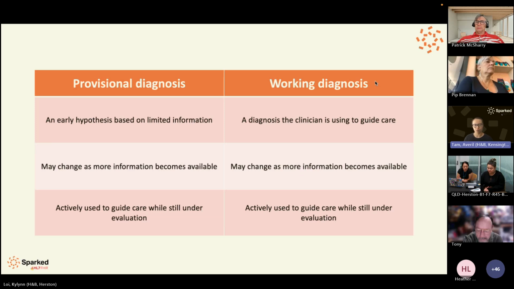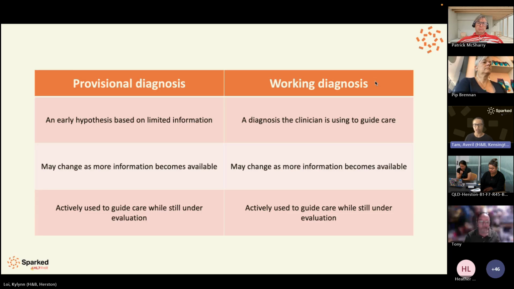What we boiled down to was that a provisional diagnosis is one which is an earlier hypothesis based on limited information. So it's about the amount of information available, but suggests that it's not yet final. It's the best estimate diagnosis to guide early management until there's potentially something more definitive.